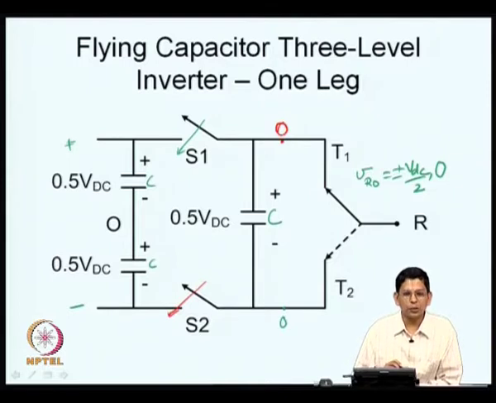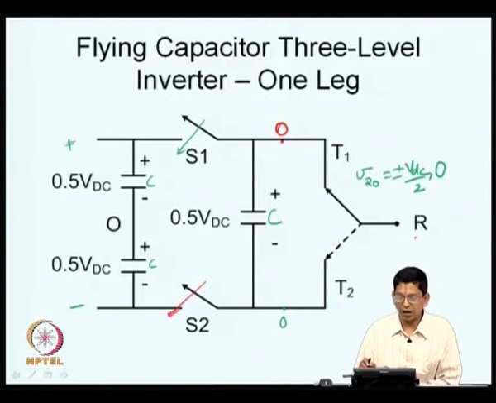What we are trying to do is realize multiple voltage levels by connecting charged capacitors in series. We have one charged capacitor of 0.5 VDC, and we are trying to connect this in series now. This 0 can be taken in by using a single pole double throw switch as indicated here.